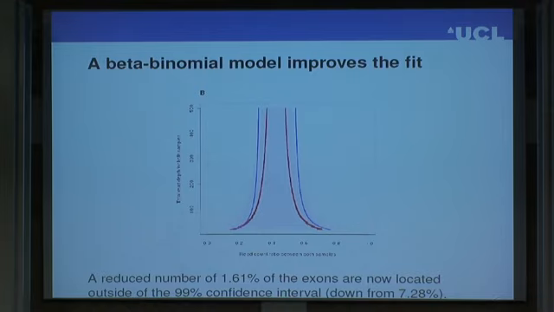No. It's being applied to each exon independently. So for a given exon, you sample the parameter of the binomial, and then all the reads for that given exon. The parameter of the binomial is exon specific. But not read specific. Not read specific, exactly.